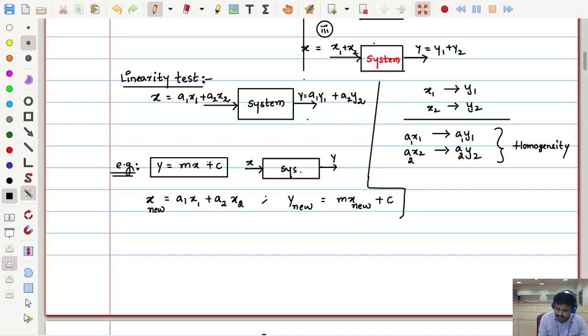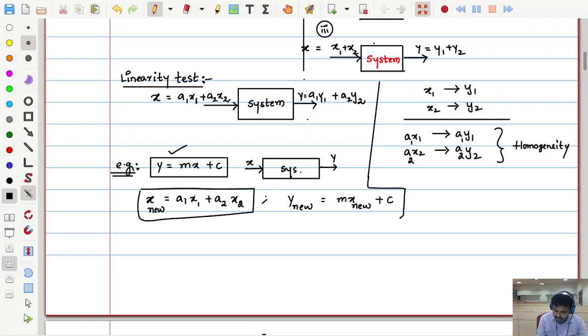Whether this given system is linear or not, that we would like to test. For that, I will directly take a new input. We already know the output and input relationship: y is equal to mx plus c.